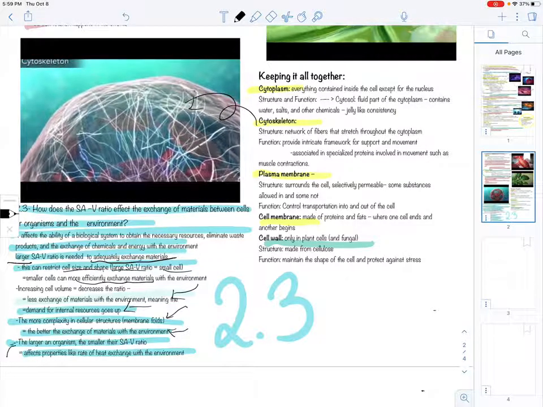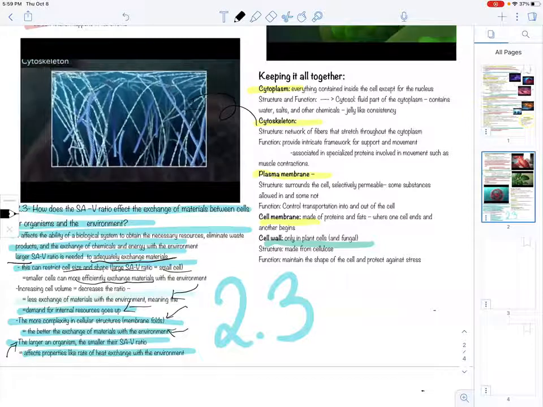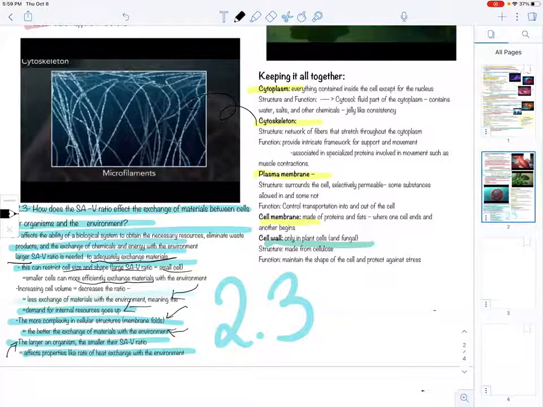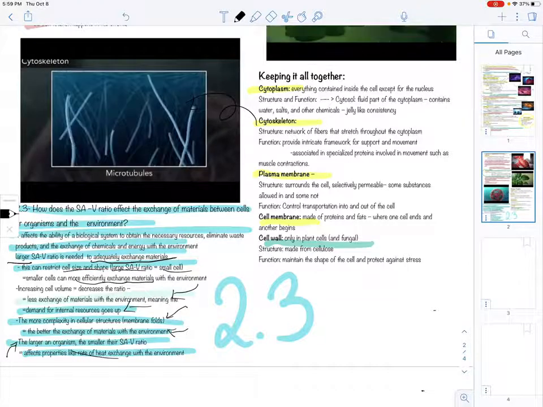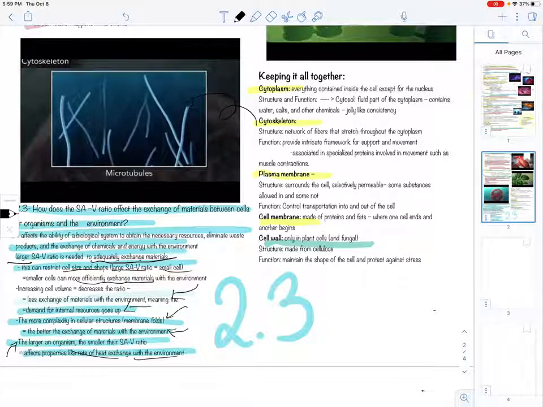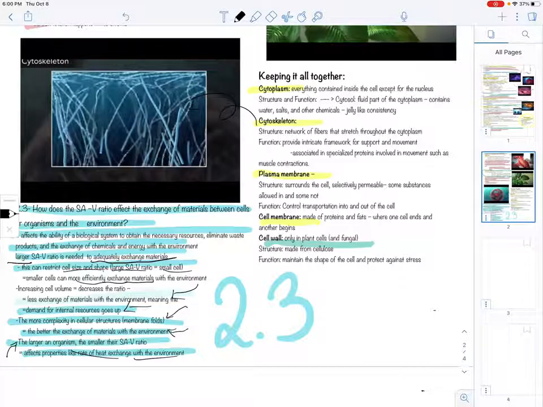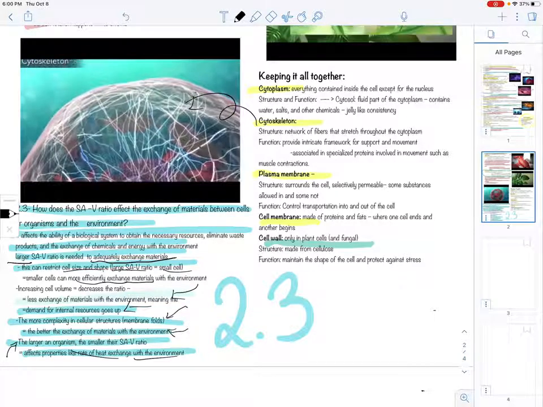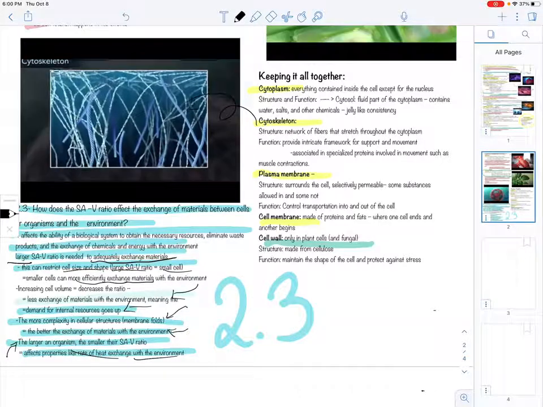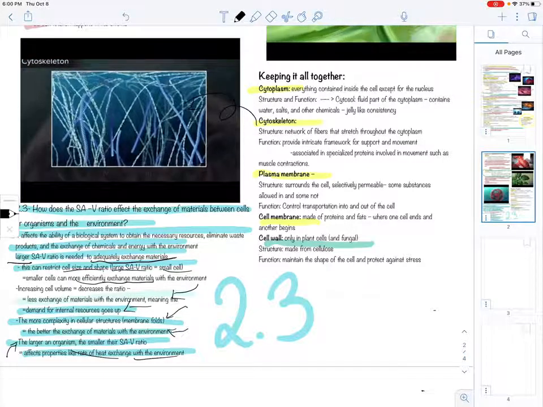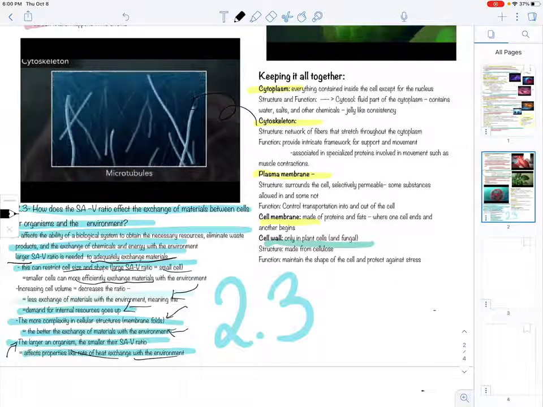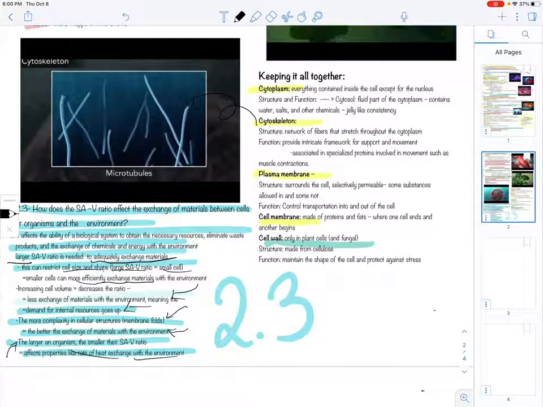Now, the larger an organism, the smaller their surface area to volume ratio. So this would then affect properties like the rate of heat exchange with the environment. So remember, the larger the ratio, the better the exchange. So you don't want to get confused with those terms. When we're saying larger ratio, that would mean that the substance itself is actually smaller.